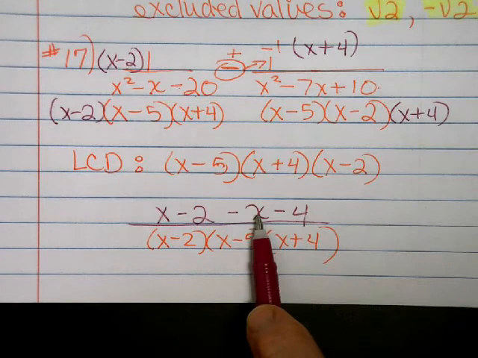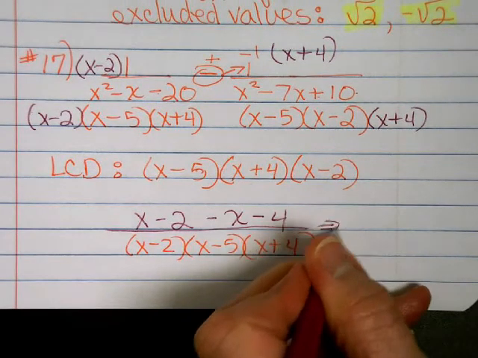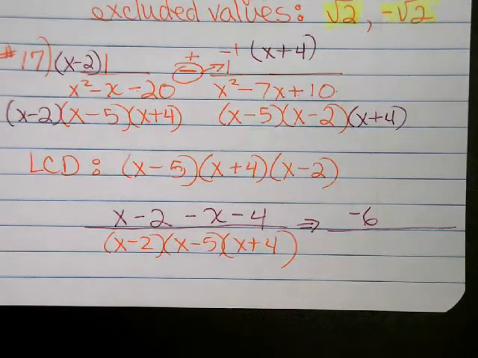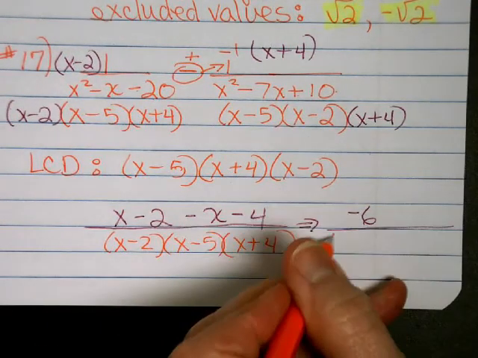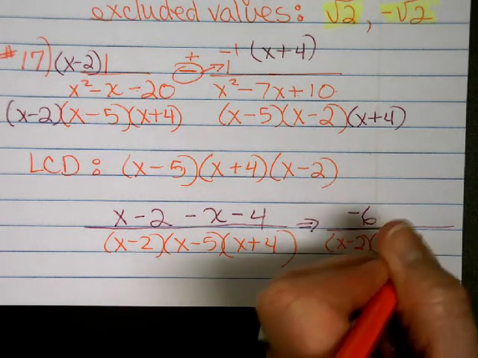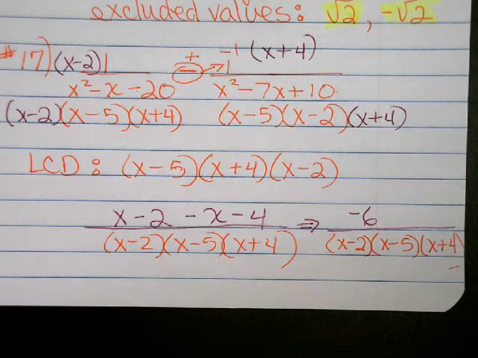And we can legally say our LCD is x minus 2 times x minus 5 times x plus 4. And we can combine like terms. x minus x is 0. Negative 2 minus 4 is negative 6.